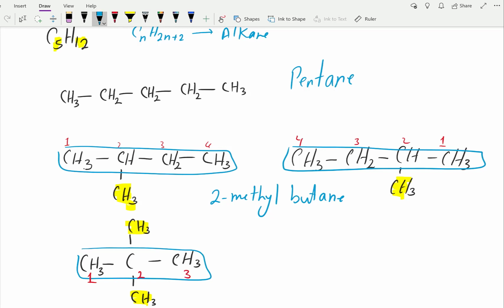So here we have 2,2-dimethyl. And the parent with 3 carbons is propane. So these are the isomers for C5H12 with their corresponding names.